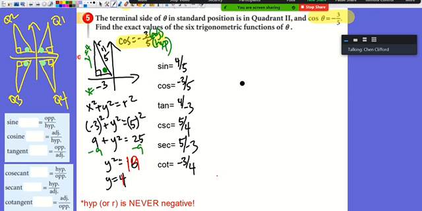Then you're stuck with square root 19, and then you do what we did before. So this becomes root 19. Sine in that case would be root 19 over 5. Tangent would be root 19 over -3, and so on and so forth.